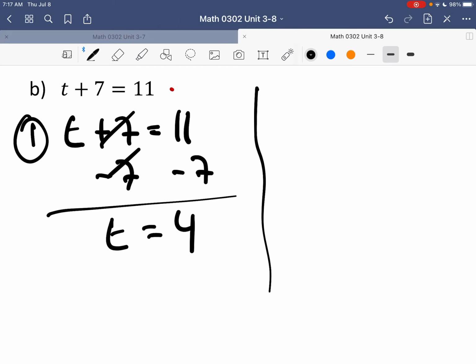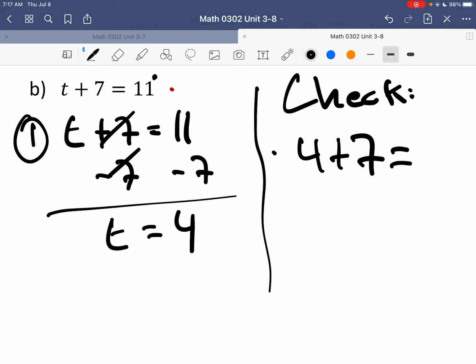Okay, and so now what we'll do is the check to ensure that our answer is correct. First thing we'll do, we'll go back to the original equation. Wherever we see a t, we will substitute in a 4. 4 plus 7 equal to 11. 7 plus 4, 11 on the left-hand side, 11 on the right-hand side, everything is good.